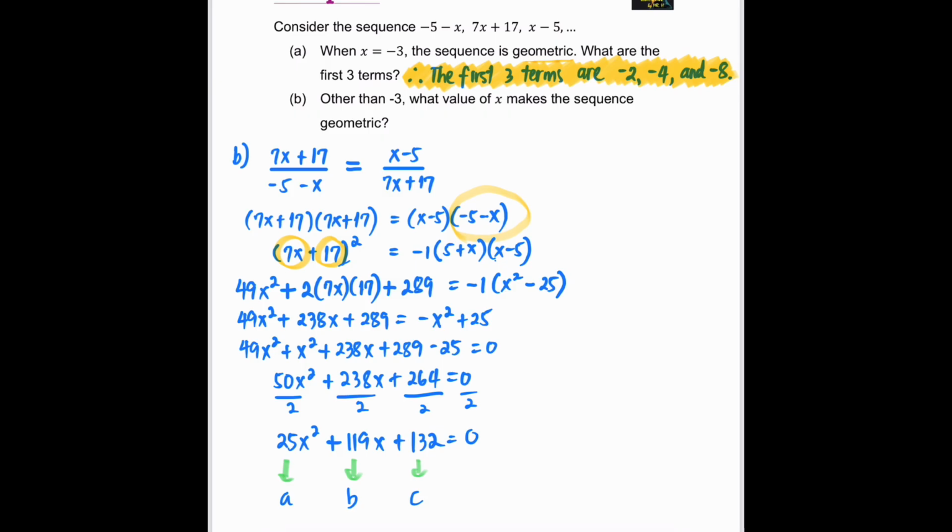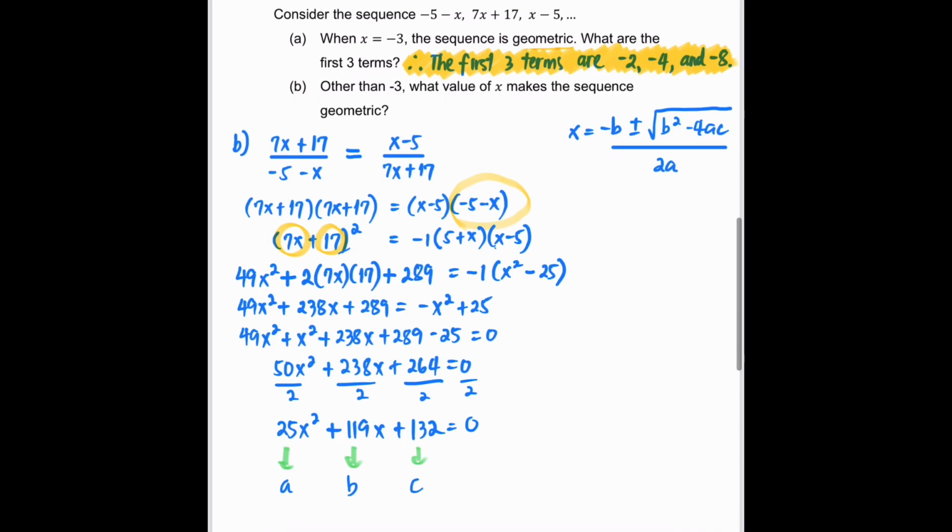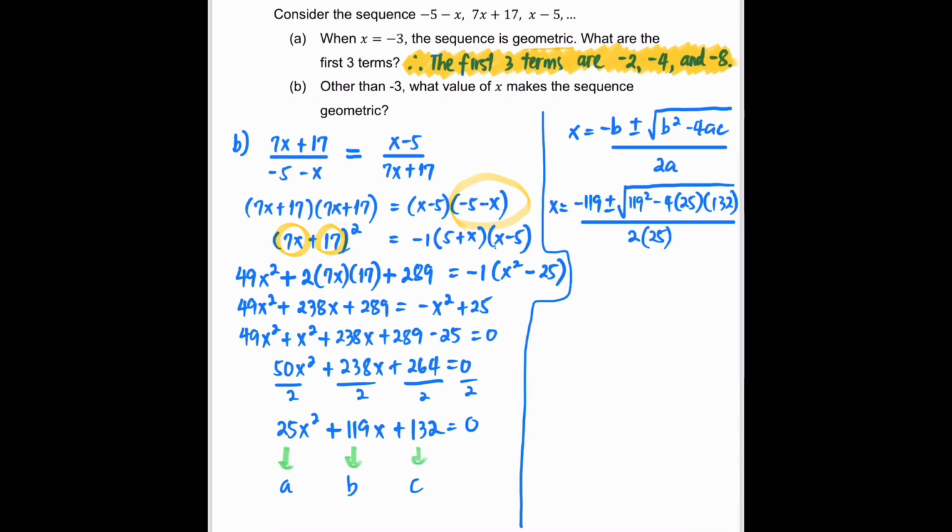So the quadratic formula will have x equals -b plus minus square root of the discriminant, which is b squared minus 4ac, divided by 2a. And then we simply substitute the values. And then we simplify everything.